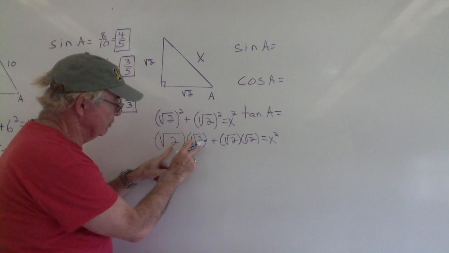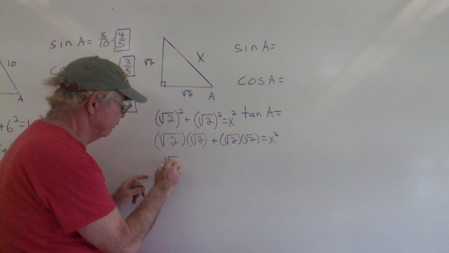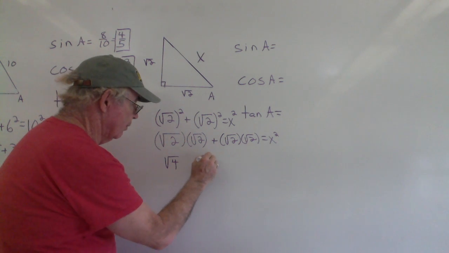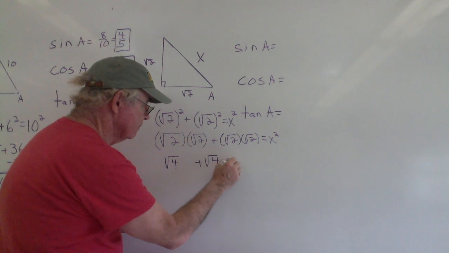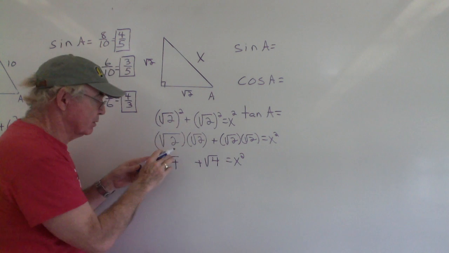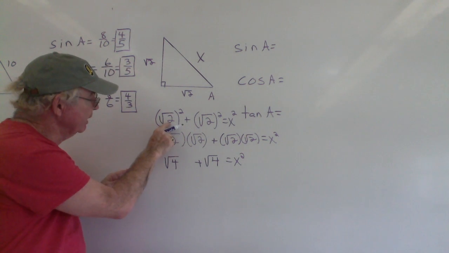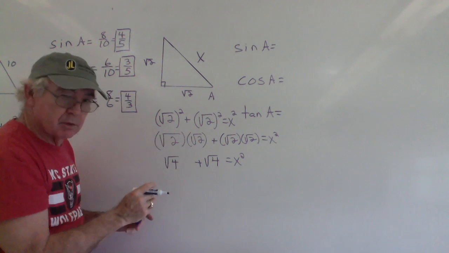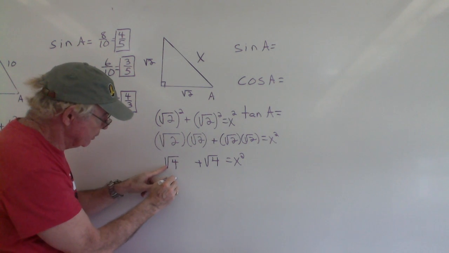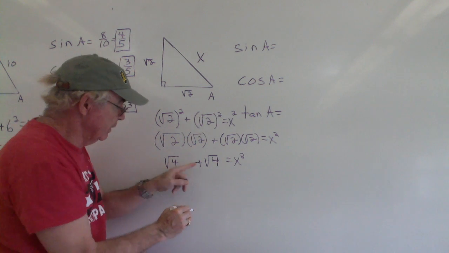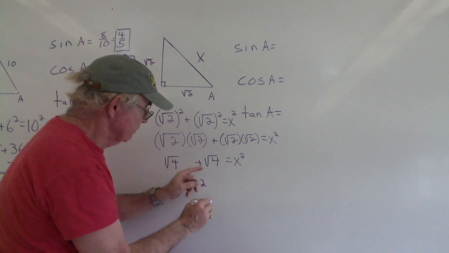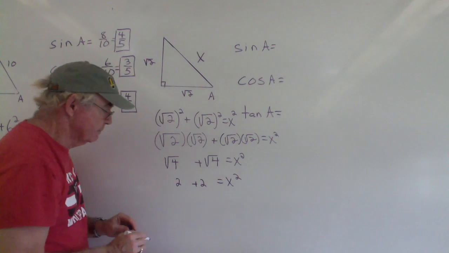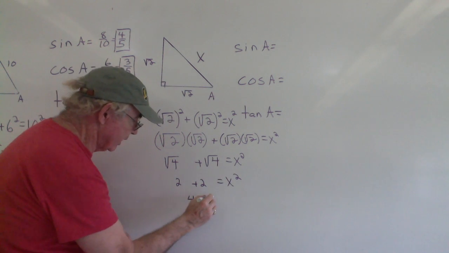You multiply the 2 times the 2 and you get the square root of 4, whatever you need. So you may not need these steps. You may be able to go from here to here. But if you need them, use them. Square root of 4 is 2. Another 2 is x squared. And you get 4 is x squared.